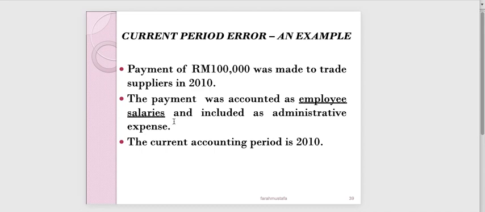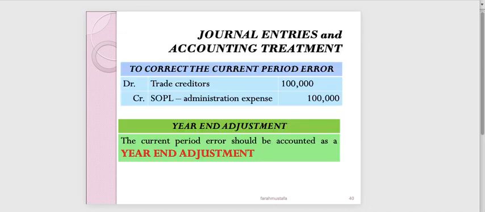For example, you make payment of 100,000 to your creditor. The payment was treated as salary. This is wrong. You should deduct your accounts payable, but you did not do that; instead you increased the salary.